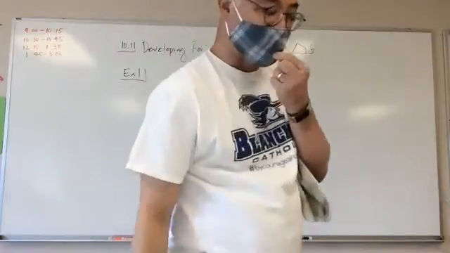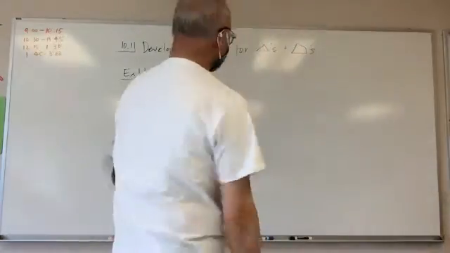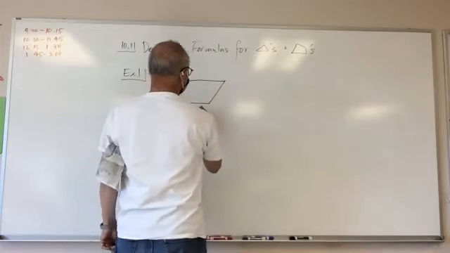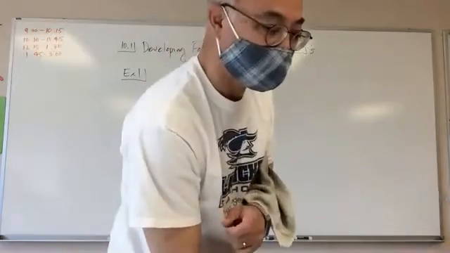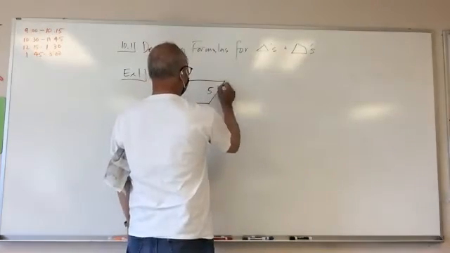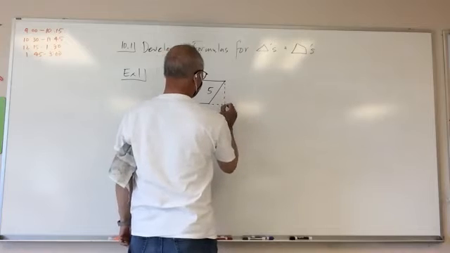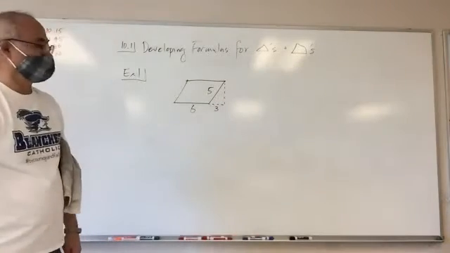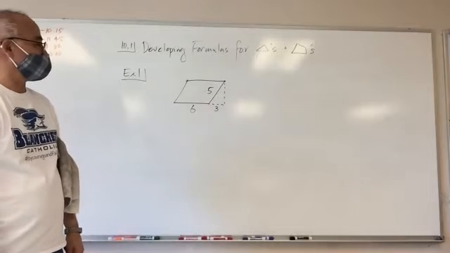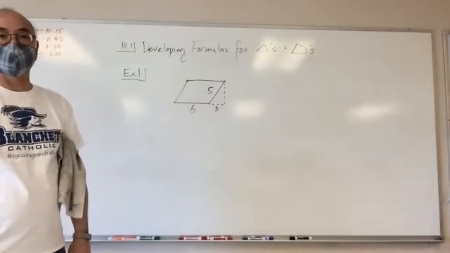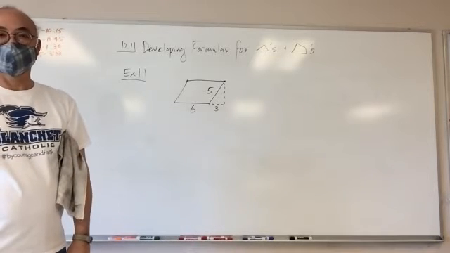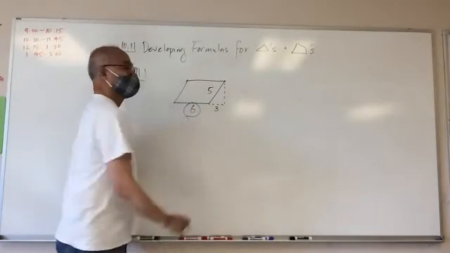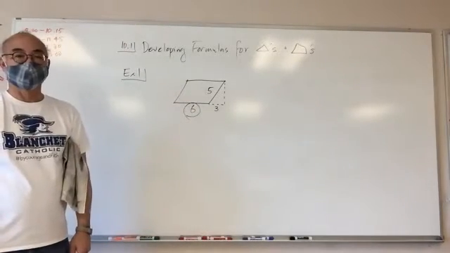Okay, so let's look at this picture and see if we can figure that out. 6, 5, 3. So out of the base and height, what do we know? We know the base. The base is this guy right here. I just need to figure out the height.